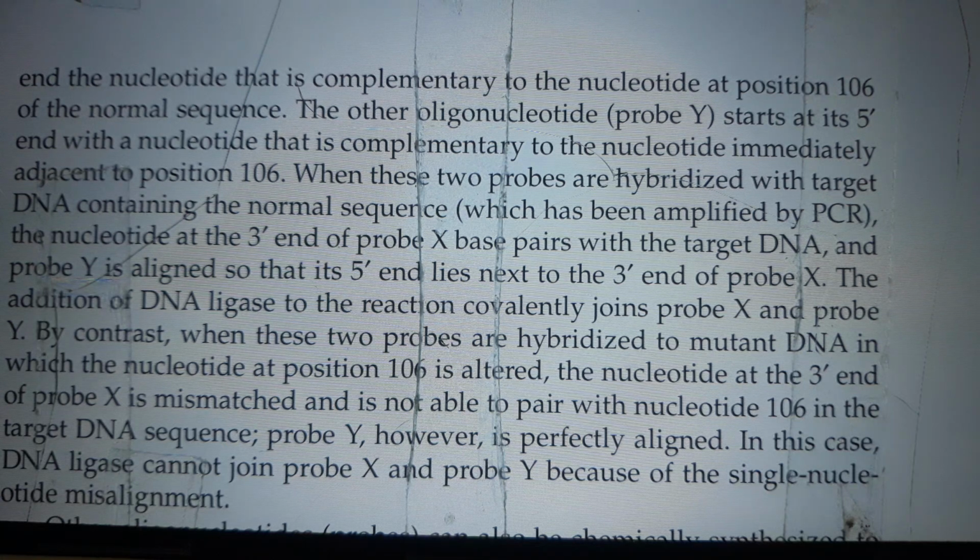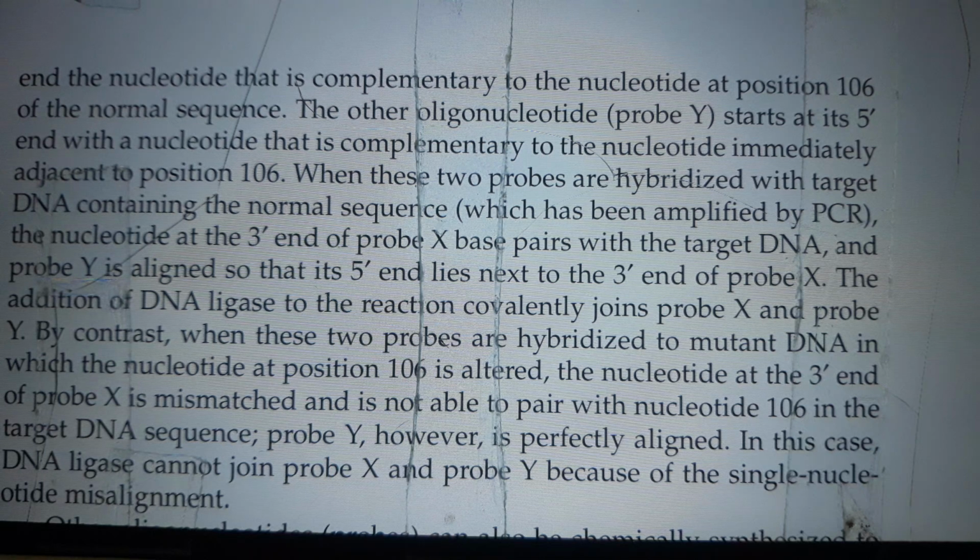When these two probes are hybridized with the target DNA containing the normal sequence, which has been amplified by PCR, the nucleotide at the 3' end of probe X base pairs with the target DNA, and probe Y is aligned so that its 5' end lies next to the 3' end of probe X. The addition of DNA ligase to the reaction covalently joins probe X and probe Y.